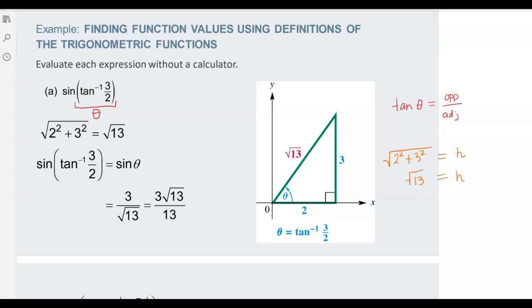We don't have to determine what the angle is. We just want to know the relationships within this triangle. And now that we have this picture, we can determine what is the sine of this given picture. The sine is the opposite side, 3, over the hypotenuse. And then we rationalize the denominator to get our final answer here.